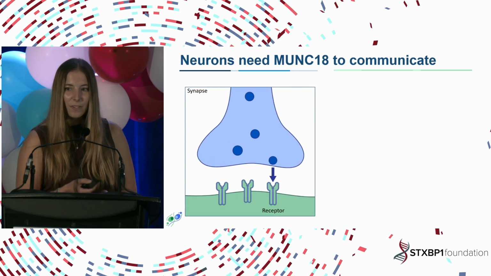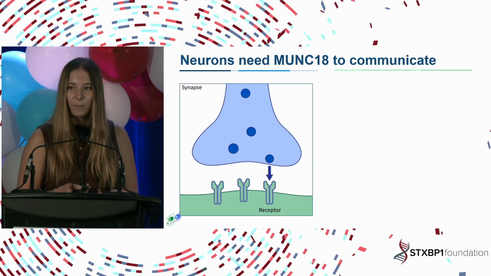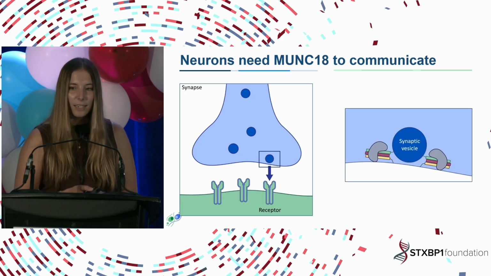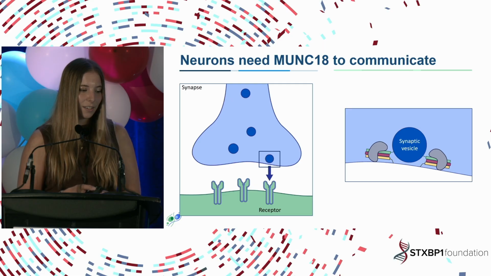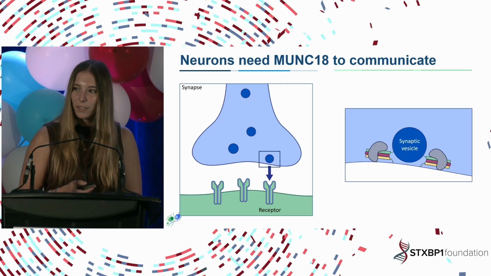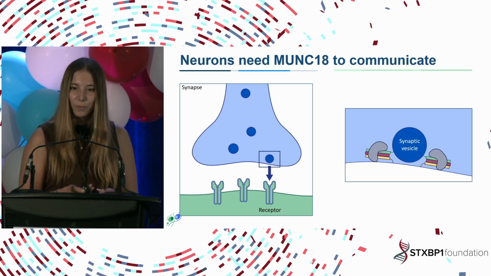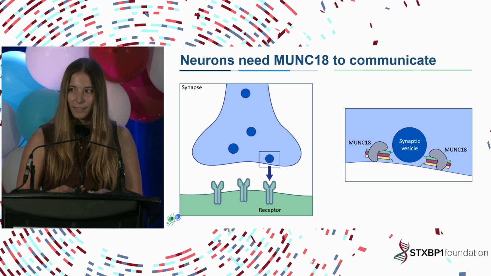In this synapse, the signals are sent from one neuron to the other, which has the receptors for this signal. And if we zoom in even further, we can see where the synaptic vesicle is being released, and there's a group of proteins that we have studied a lot by now, and one of these proteins that is essential for the synaptic vesicle to be released is MUNC18.